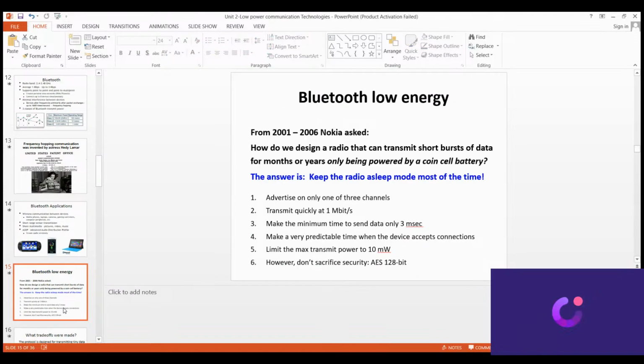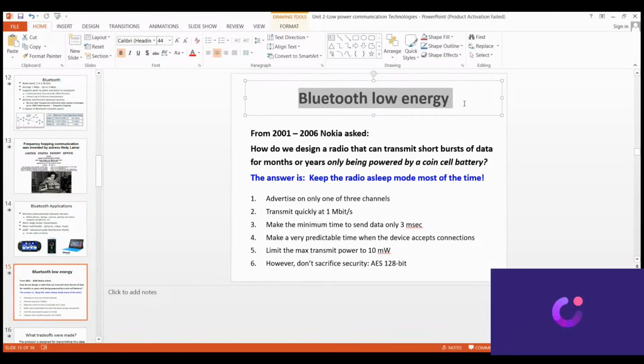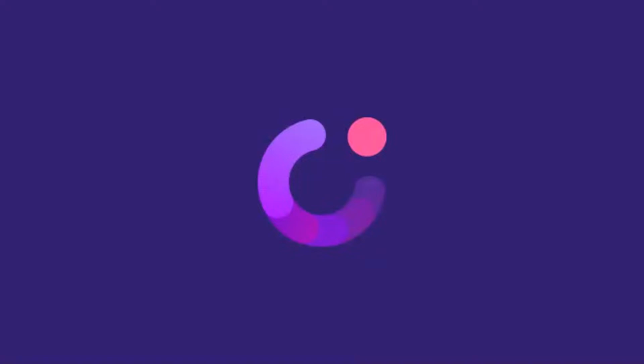Then we have what we call Bluetooth low energy. Of course, from 2001 to 2006, we had the Nokia phone. Then the question is, how do we design a radio that can transmit short bursts of data for months or years, only being powered by a coin or cell battery?